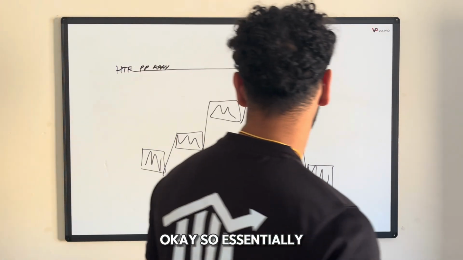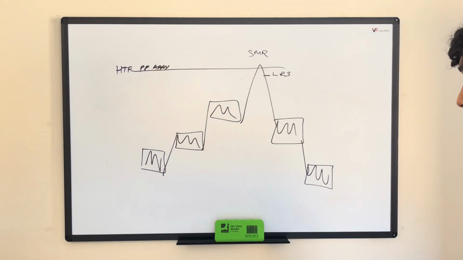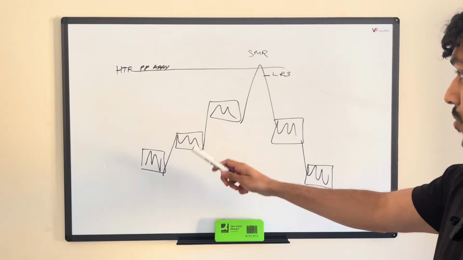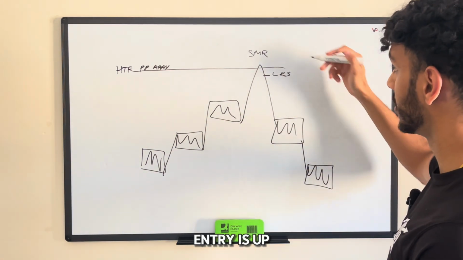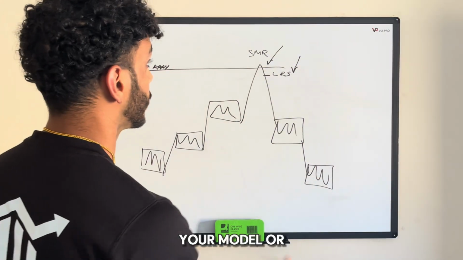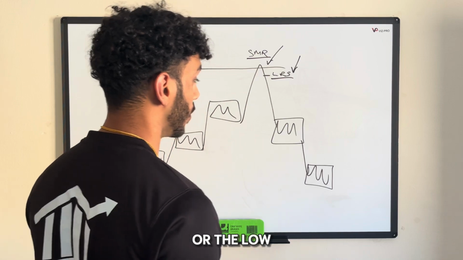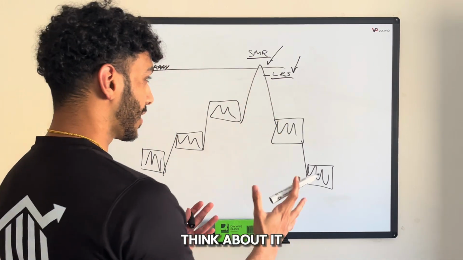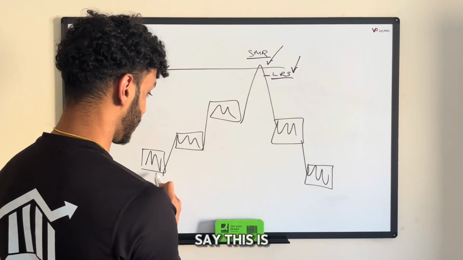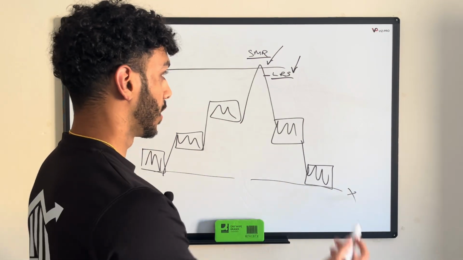Okay, so essentially with this model, it should make sense, right? So basically your entry is up here. Your model or your entry is typically the smart money reversal or the low risk sell. Now, if you actually think about it, let's say this is the drawn liquidity as well, right? This line here, this is your target.